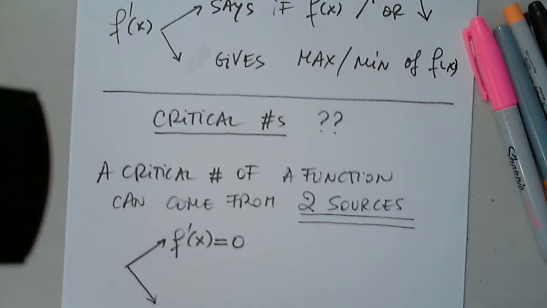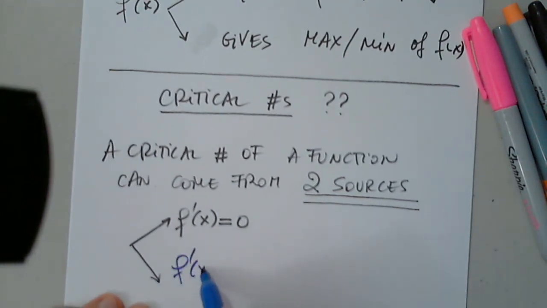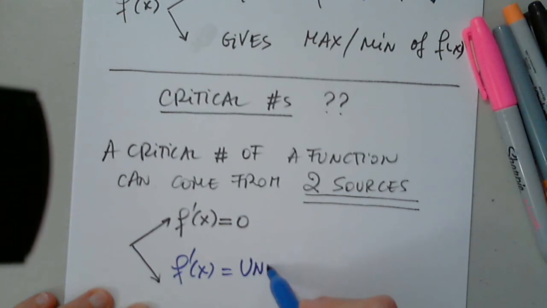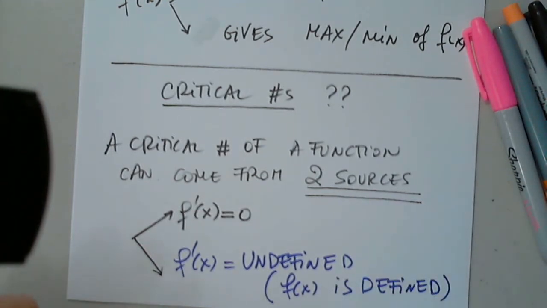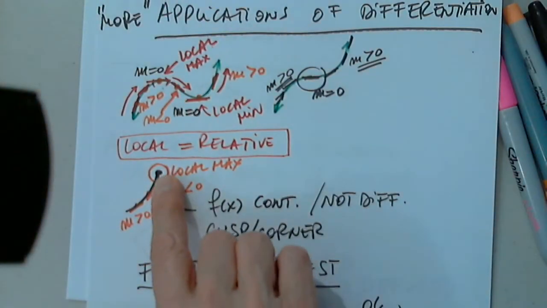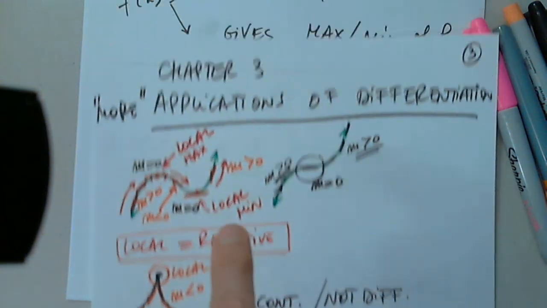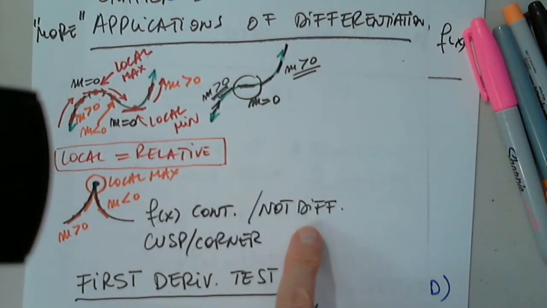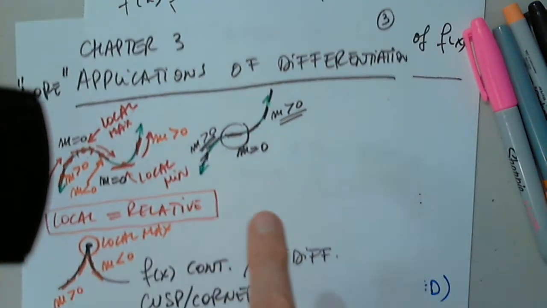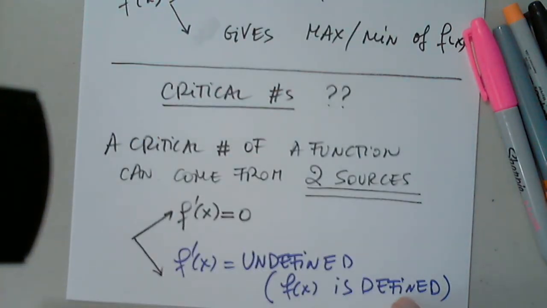Number two, when f prime of x is undefined, and I put in parentheses, f of x is defined. Why? Right here, f prime of x is undefined because it's a cusp or a corner, but the function is defined.